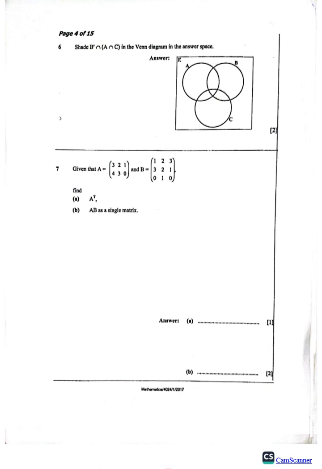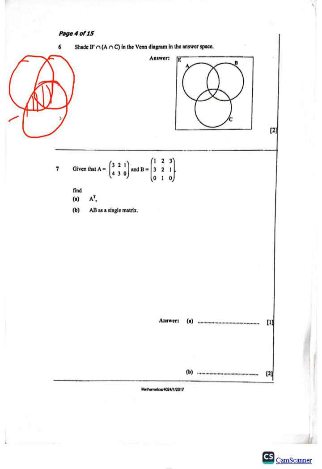Question 6, we have been given a shade: B complement intersecting A intersecting C in the Venn diagram below. So let's first consider A intersecting C. This is our region of A intersecting C. Now this B and the part of intersecting of A and C should not be included.